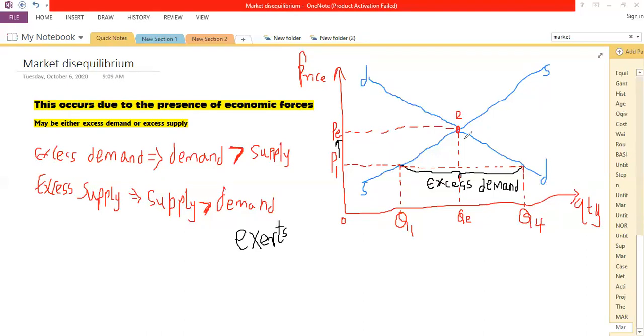I repeat, with an excess demand as an economic force, the price will start to increase, or the excess demand will exert a pressure on the price level. With an increase in the price of the commodity, the quantity supplied will now start to increase. You can see there'll be an increase in the supply in the market for the commodity.